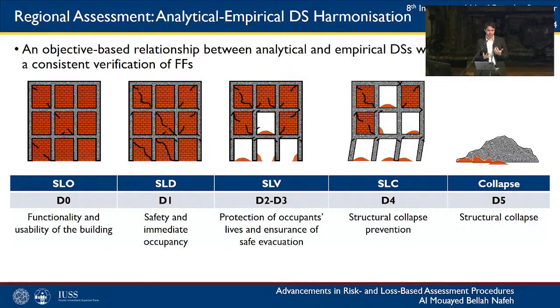So this hybrid approach, like on functionality, on safety and immediate occupancy, this was our way to go. Of course, we can integrate many refinements along the way until we're there in validating analytical against empirical data, which remains still a challenge in the earthquake engineering community.